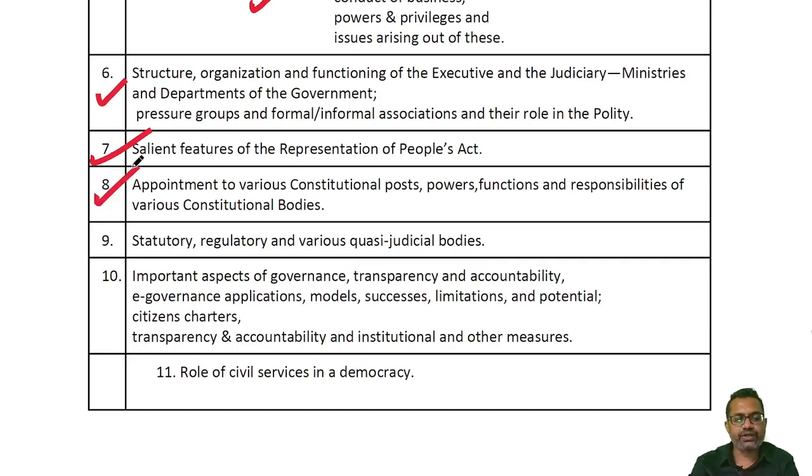The eighth point is related to appointment to various constitutional posts like CAG, Finance Commission, Union Public Service Commission, their posts, powers, functions and responsibilities. Then the ninth topic is related to statutory, regulatory and various quasi-judicial bodies.